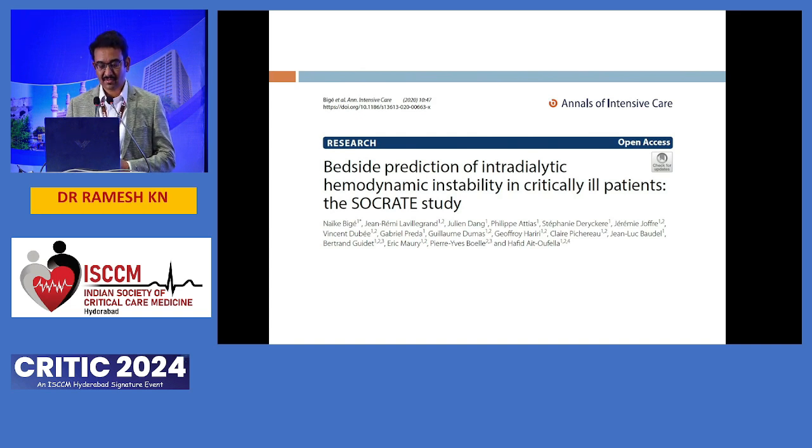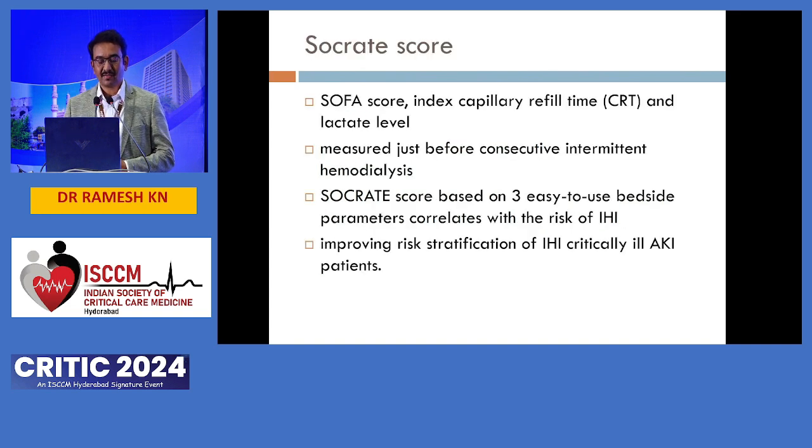In this famous study, they studied cardiovascular SOFA score, capillary refill time, and lactate level: SOFA score of more than 1, capillary refill time of more than 3 seconds, and lactate level of more than 2 millimoles. If the score is higher, the chance of the patient going into intradialytic hypotension is also higher. A score of 2 and 3 has a 55% and 80% chance of the patient going into intradialytic hypotension.